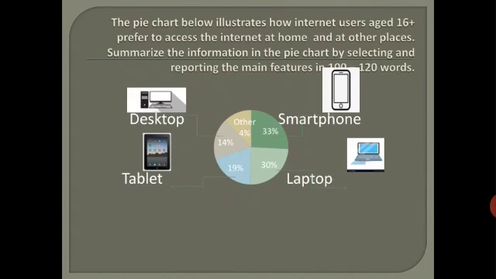The third place goes to tablets, 19% of the participants preferred tablets, 14% preferred desktops, and 4% preferred other devices. So this is what is in the data, their preferred device for internet access. The survey was conducted about which device they prefer for accessing the internet.